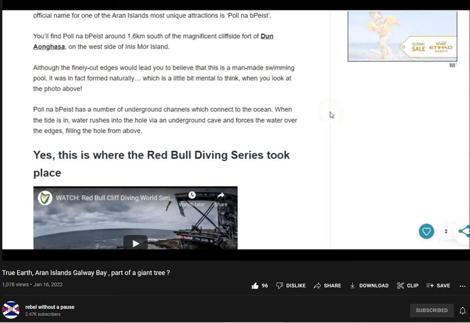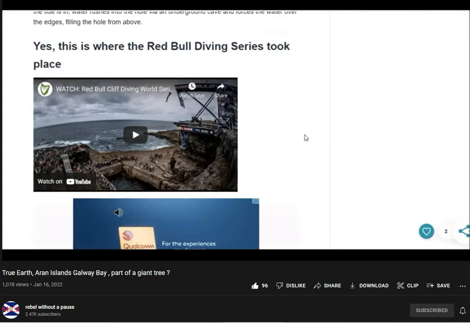And then it tells you it has a number of underground channels which connect to the ocean. When the tide is in, water rushes into the hole via an underground cave and forces the water over the edges, filling the hole from above. So what they're saying is this was formed by the waves.